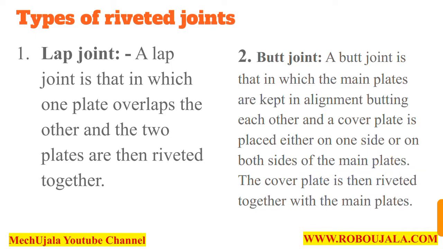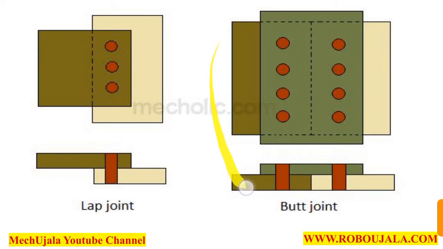The cover plate is then riveted together with the main plates. As you can see here, we are using three plates. First plate is this one, and the second plate is this one. These two are joined by butt joint with the help of the third plate.